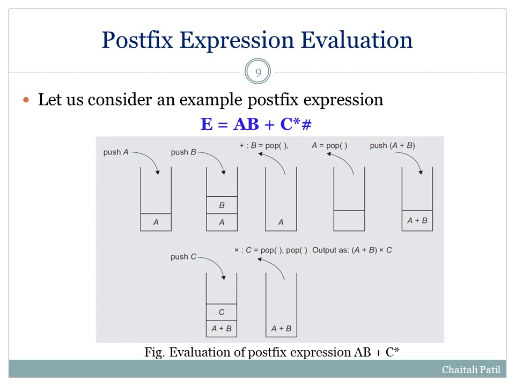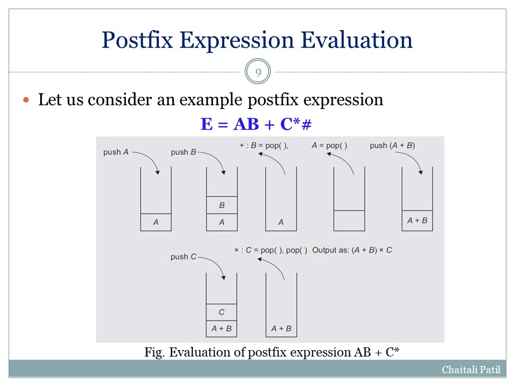The first element popped out from the stack is B, that we have to consider as the second operand. After popping B, next we have to pop A from the stack and that will be considered as the first operand. Then we perform the operation operand 1, operator and operand 2.